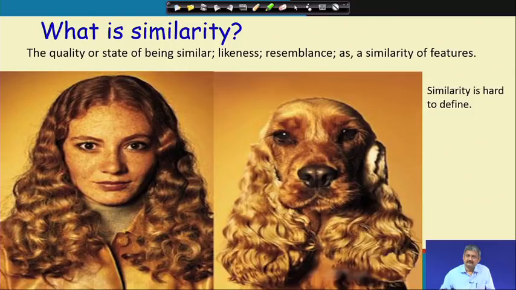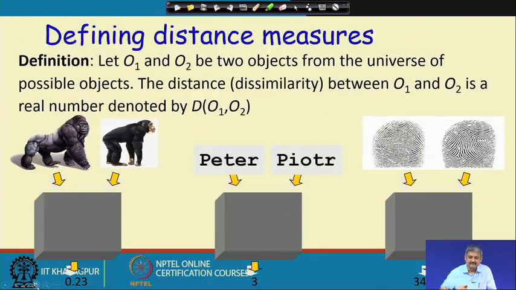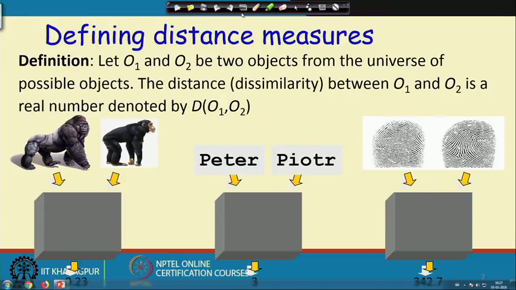But actually there is some other aspect in which they are not similar. So, it is a difficult task to define similarity. Once similarity is defined, what we will do is the following. I will explain it to you with an example.